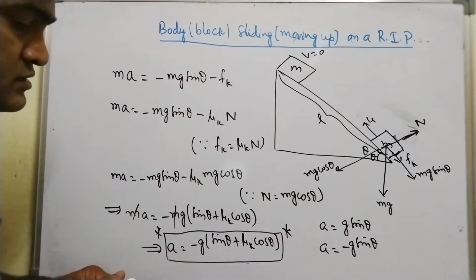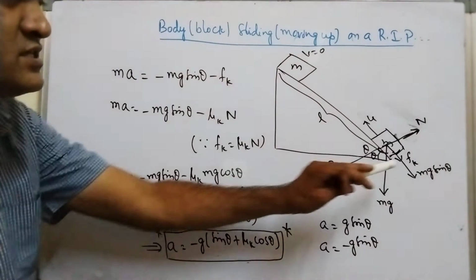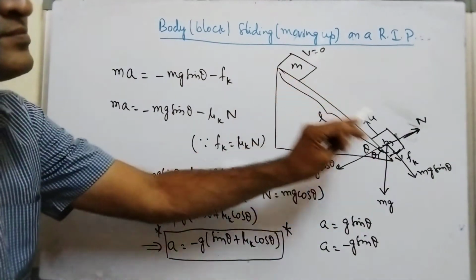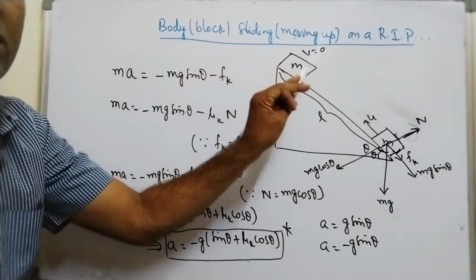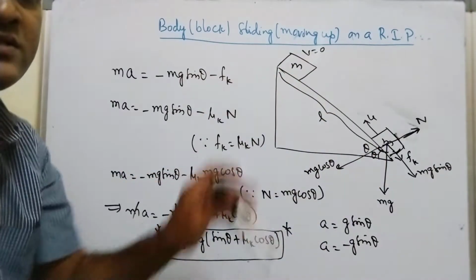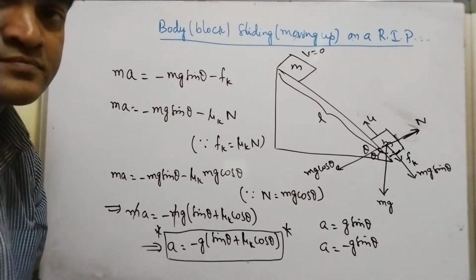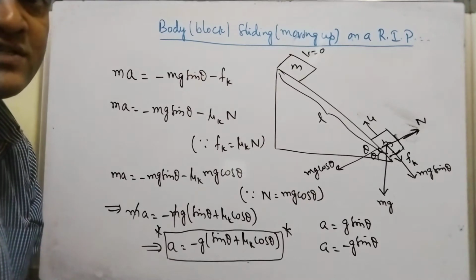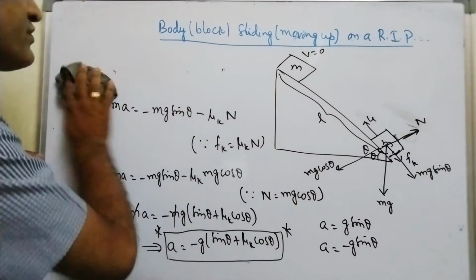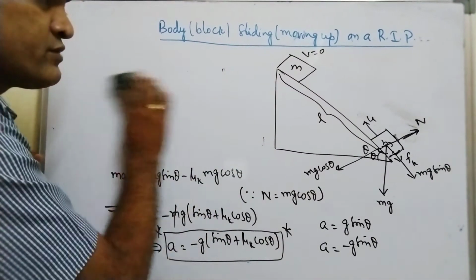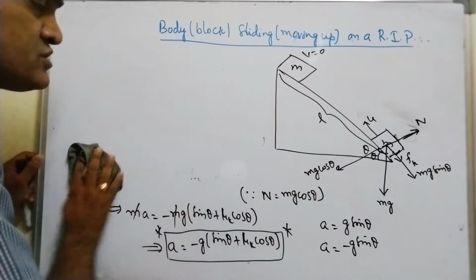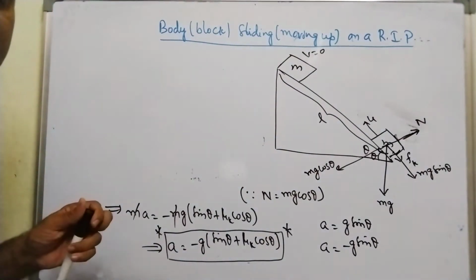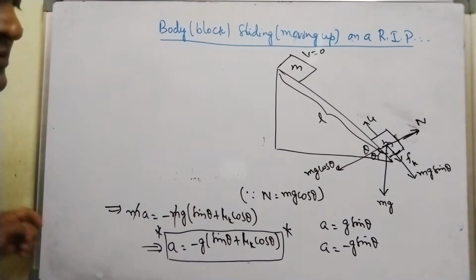Very, very important. Now, in this case, in what time does this block go up the rough inclined plane? That means I want the time of ascent. How long will it take to reach the top of the rough inclined plane?